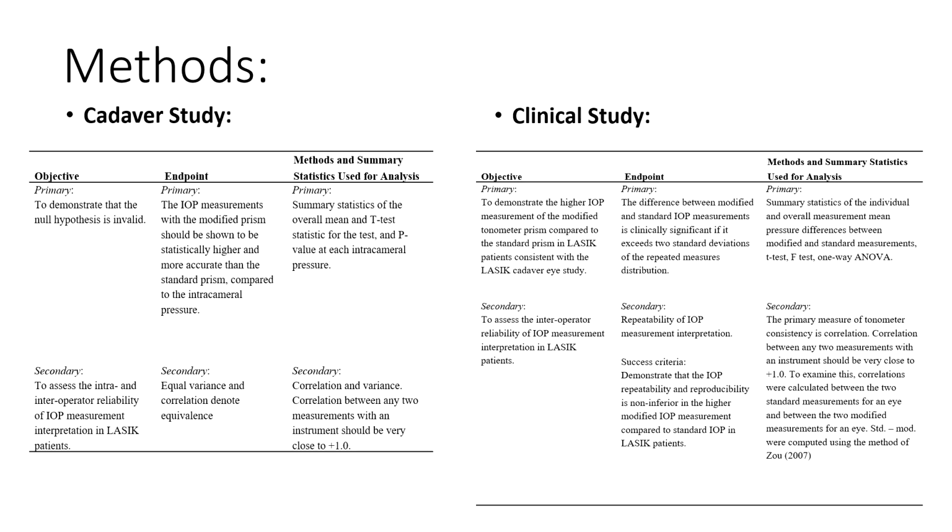As intracameral pressure is not a feasible option in live LASIK subjects, a LASIK cadaver eye study comparing a true standard intracameral pressure to both the standard and modified prism measurements was designed. 2. A clinical study across representative myopic LASIK patients was used to validate the cadaver findings, to demonstrate a similar difference between standard and modified prism pressure measurements as was found in the cadaver study.